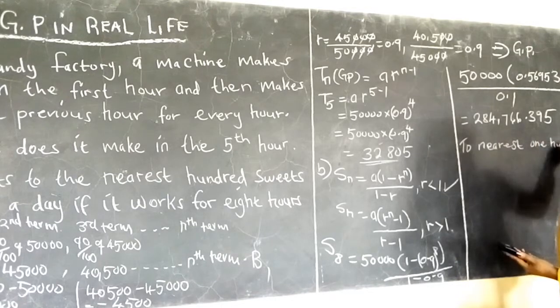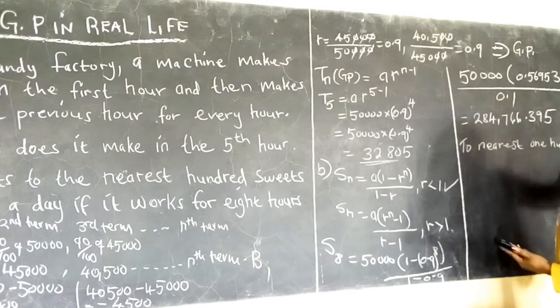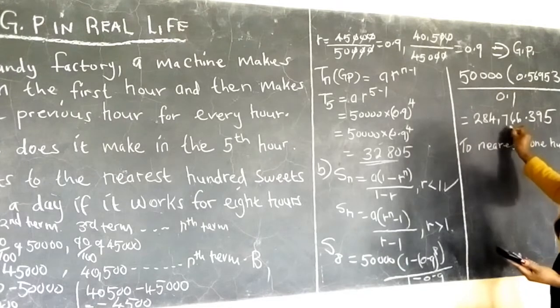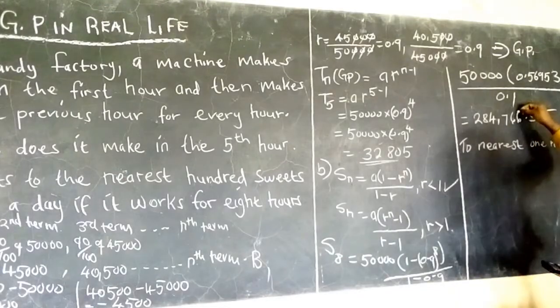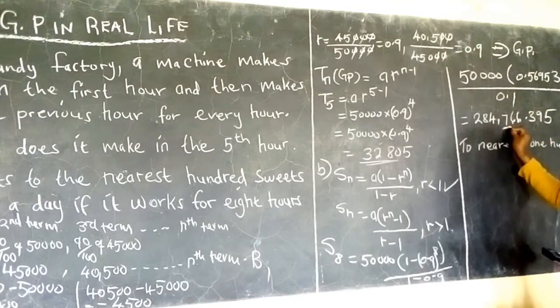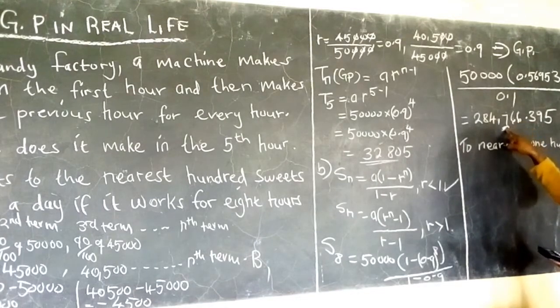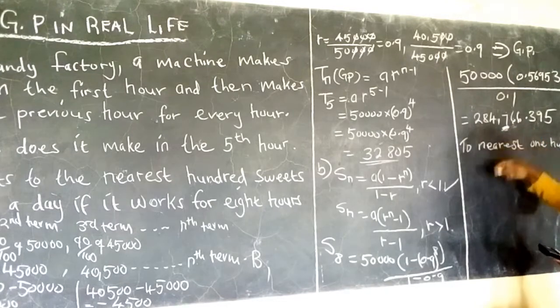100. Then we look at this: ones, tens, hundreds. So this is the digit we are considering, and we want to check the number after it. Is it greater than 5? If it is greater than 5, we round up.